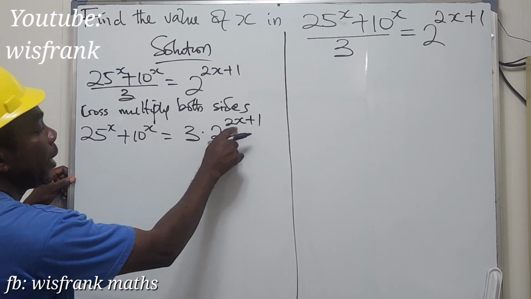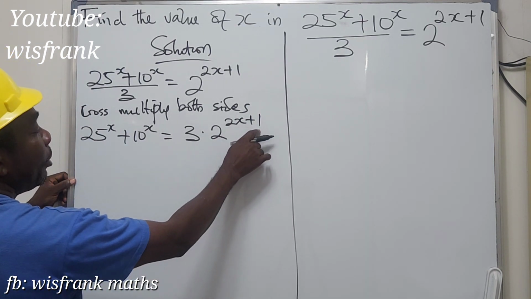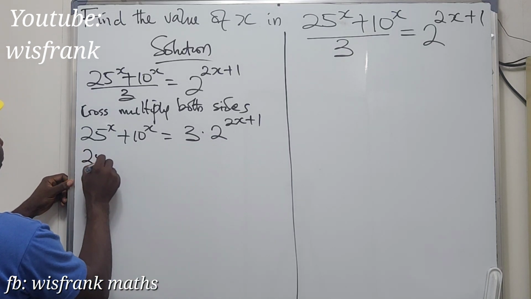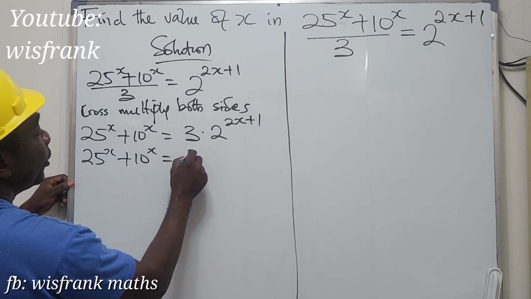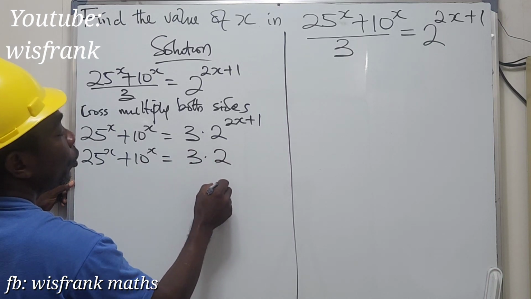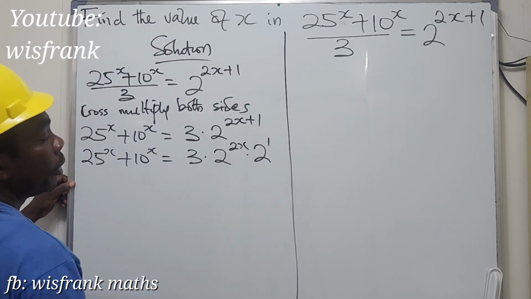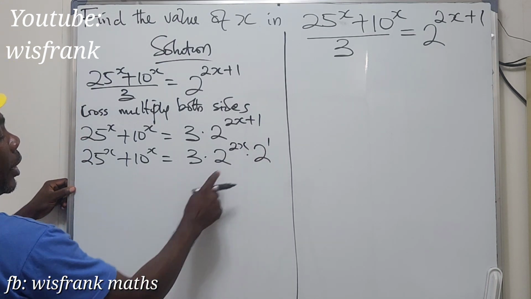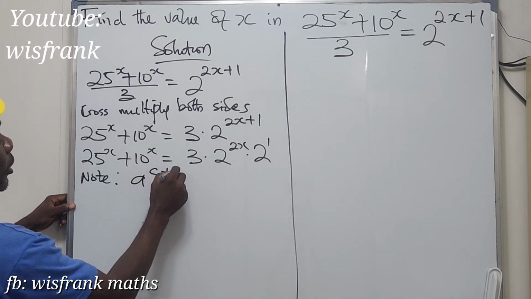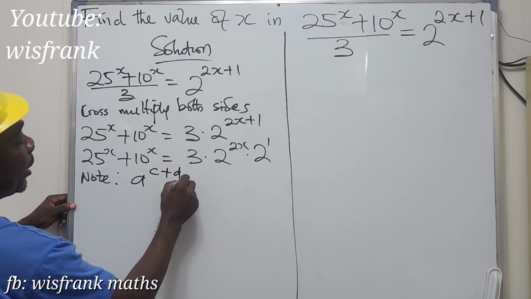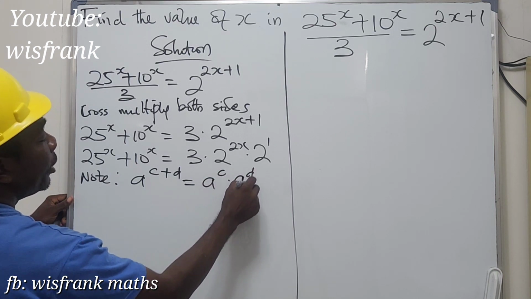So in this case, here we have an exponential factor. So this can be written as 25 to the power of x plus 10 to the power of x equals 3 times 2 to the power of 2x times 2 to the power of 1. Because note that a to the power of c plus d is the same thing as a to the power of c times a to the power of d.